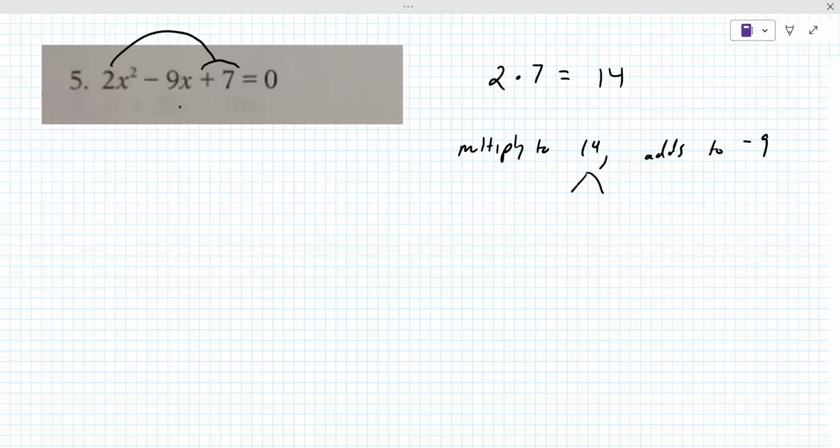Should be the other way around. Still no. Hmm.